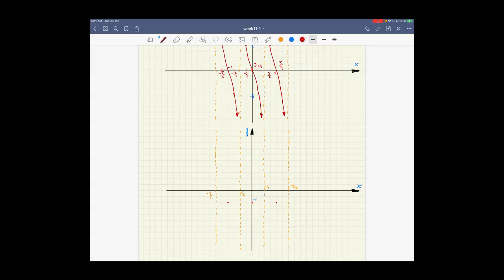Also, the points -3/4, 1/4, and 5/4 will now have y coordinates -3.